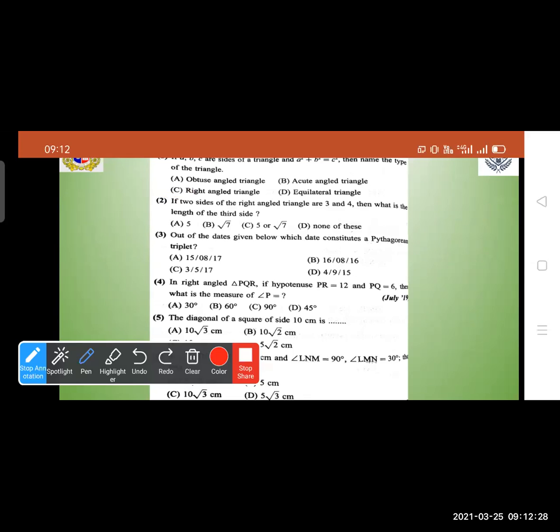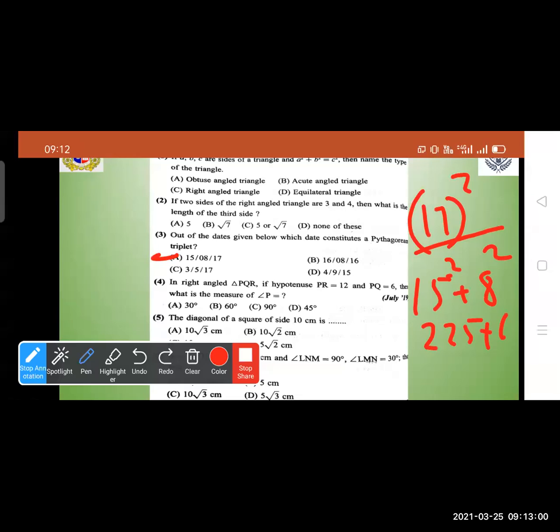Okay. Now next. Out of the data given below, which data constitutes a Pythagorean triplet? For a Pythagorean triplet, 3 numbers are given. First, you have to find the square of the largest one. See, first we check A. Largest is 17. Find the square of 17. Then check 15 square plus 8 square. 15 square is 225, 8 square is 64.